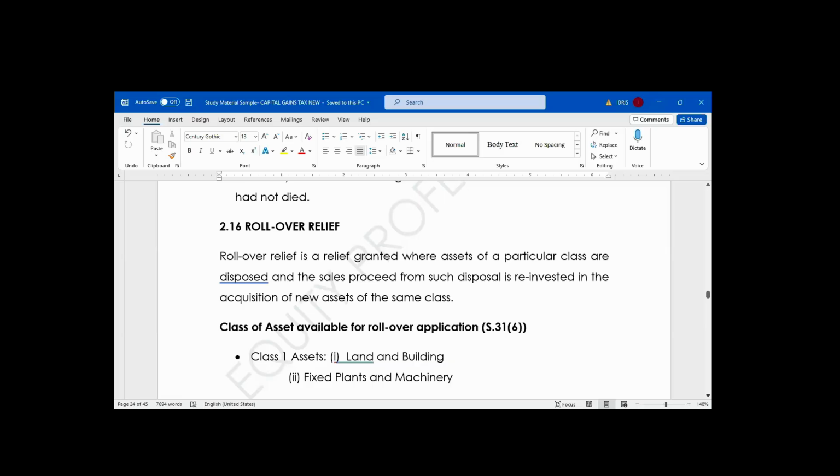Once I use it to acquire another land, I will not pay capital gain tax. I have done rollover relief. I've already deferred the capital gain tax to a future period. That 15 million I'm supposed to pay now, I will not pay until I dispose of the new land I just bought.